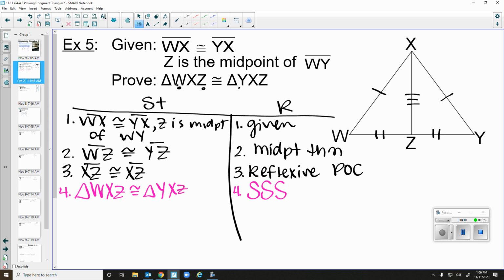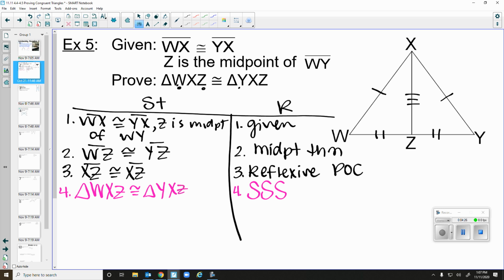So once you prove that all sides are congruent, then you have proved it. Or you can prove your angle, side, angle, or whichever of the 5 reasons that we had yesterday. As long as you can get to that, then you're good.